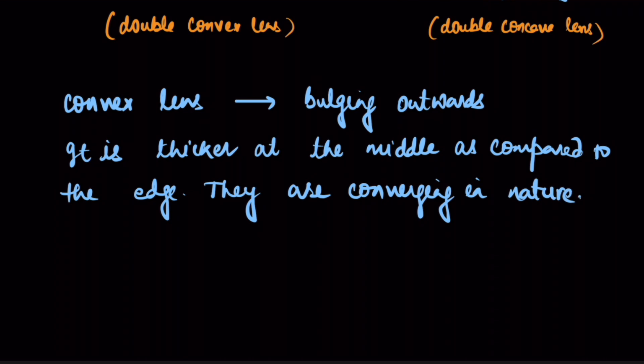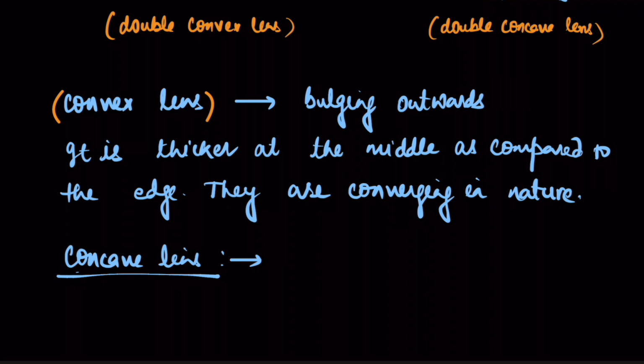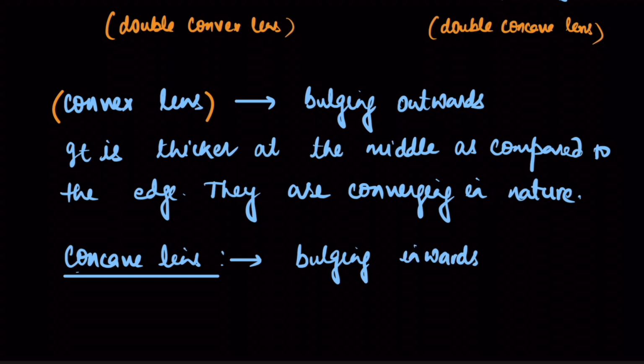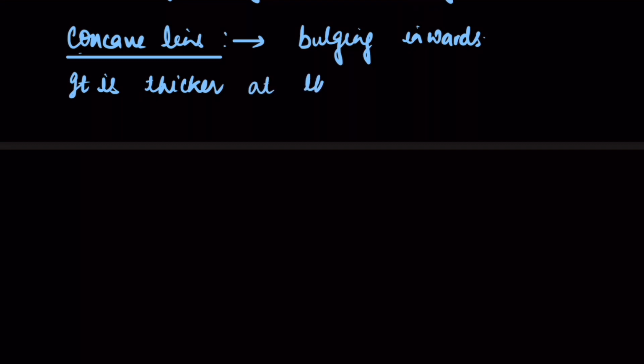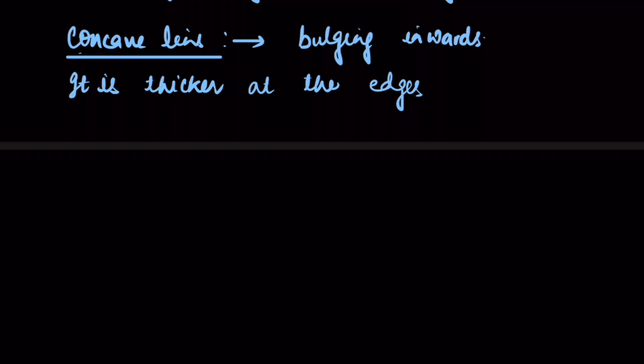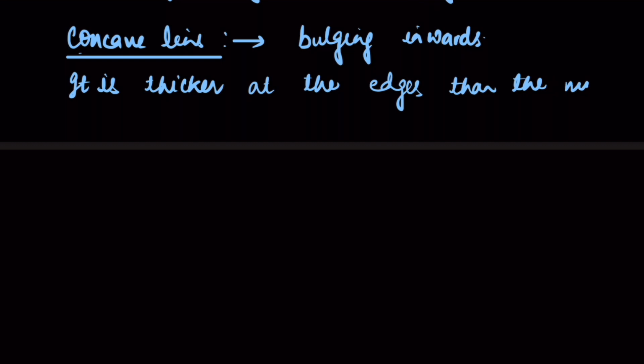Similarly, if we talk about concave lens, concave lenses are bulging inward. It is thicker at the edges than the middle, and they are diverging in nature.